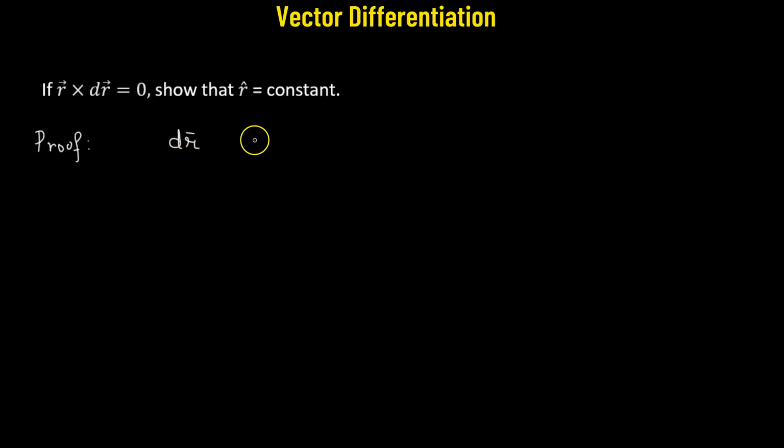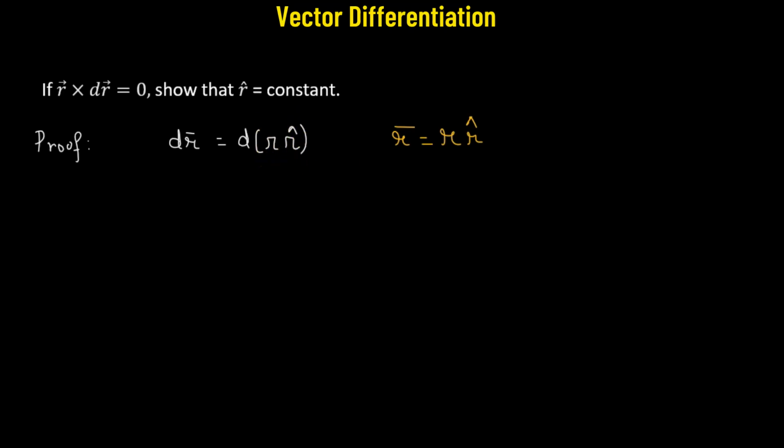And we know that r vector is given by r, where r represents the magnitude of vector r, multiplied by its unit vector r cap along the direction of r. So that means dr vector is simply d(r r cap).